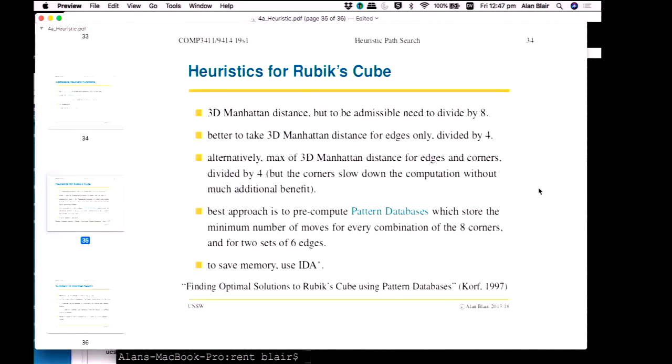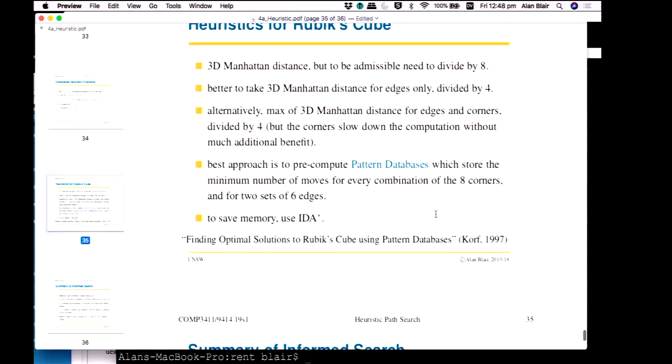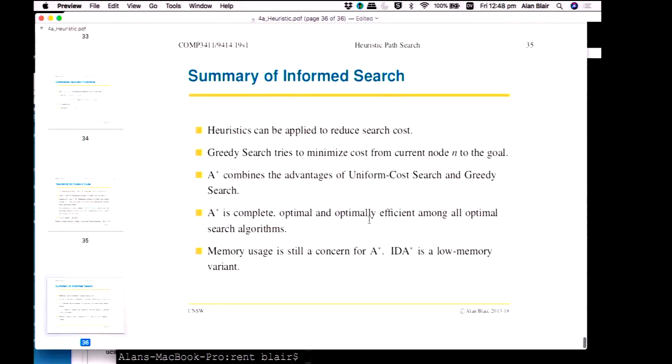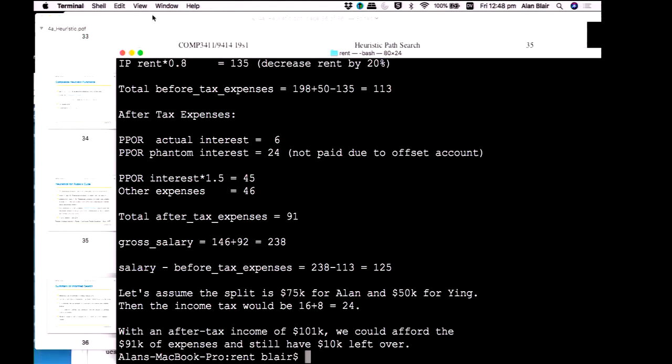IDA-star search can solve this problem where A-star search fails because it uses less memory. I've got Prolog code there that does IDA-star search as well.